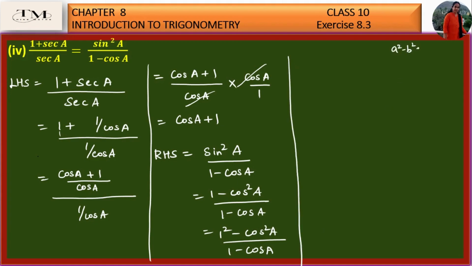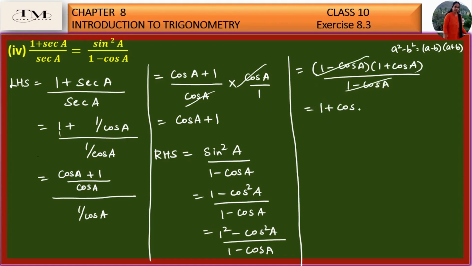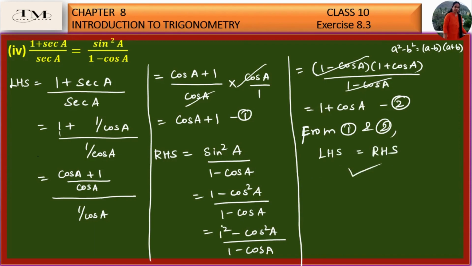A square minus B square is A minus B into A plus B. So 1 minus cos A into 1 plus cos A divided by 1 minus cos A. So 1 minus cos A gets cancelled. So answer will be 1 plus cos A. So this is 1 and this is 2. So from 1 and 2, LHS and RHS are same. So you can say from 1 and 2, LHS equal to RHS. Okay children, so part 4 is verified.